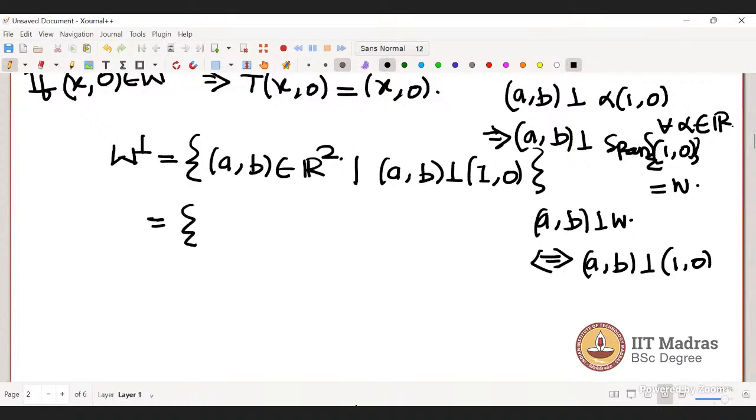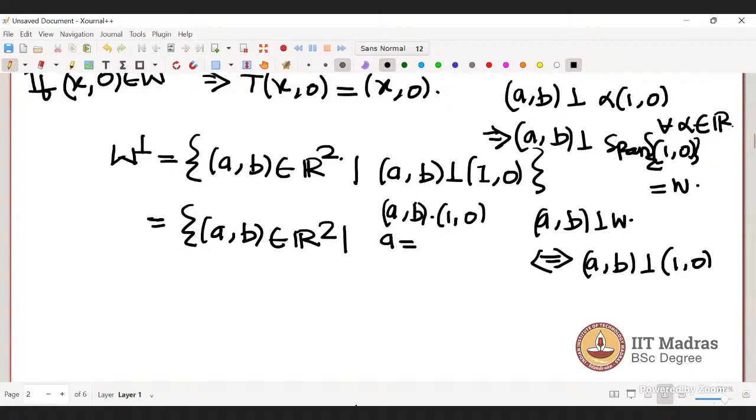So then W perp is basically (a, b) in R square such that, if I calculate the dot product, then what will I get? It's precisely a equal to 0. Sir, the second element will be 0, no, sir?